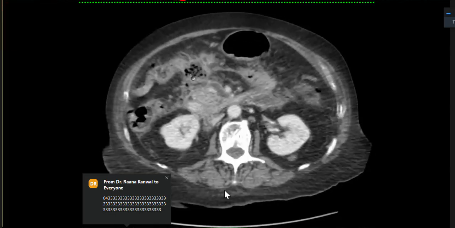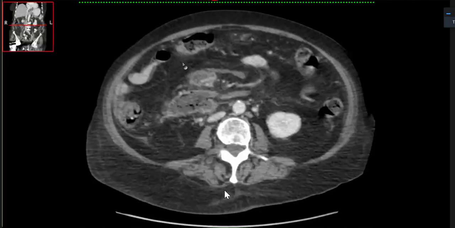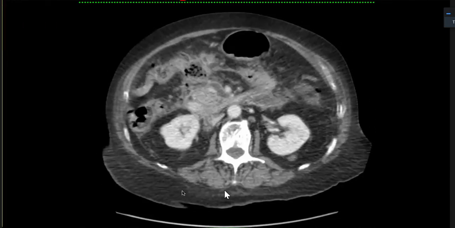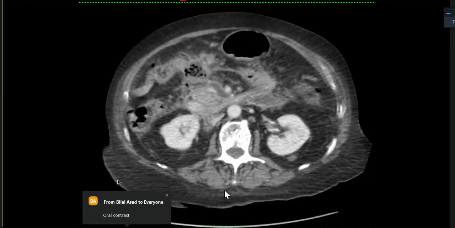And the second communication is, of course, with the transverse colon. So here comes a question for chat. What can you do to highlight a communication? What kind of a procedure can you do? Oral contrast. Excellent.